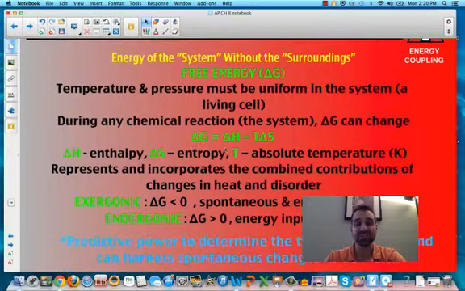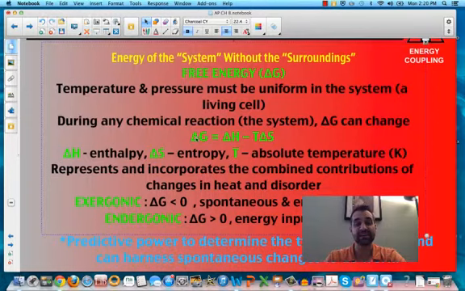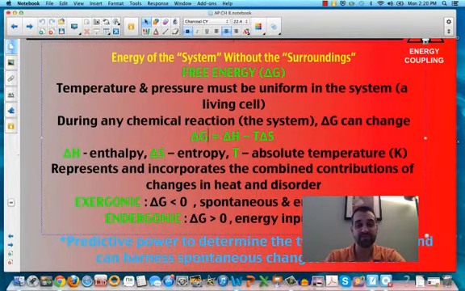So with the free energy equation, the overall change in free energy, delta G, is going to be equal to delta H, which is known as enthalpy, the amount of energy available, minus this combination of terms, T delta S.